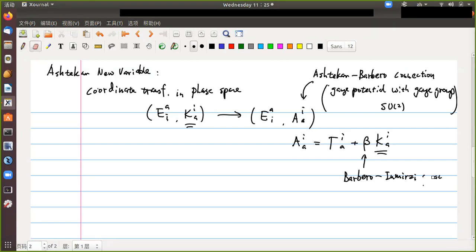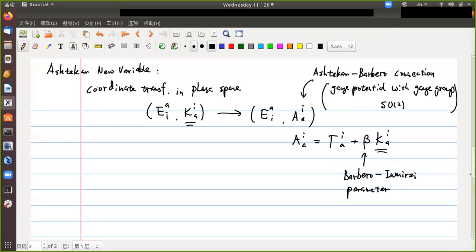So this parameter was introduced firstly by these two guys. It is the Barbero-Immirzi parameter, and this is gamma. I'm going to introduce this gamma in a moment.